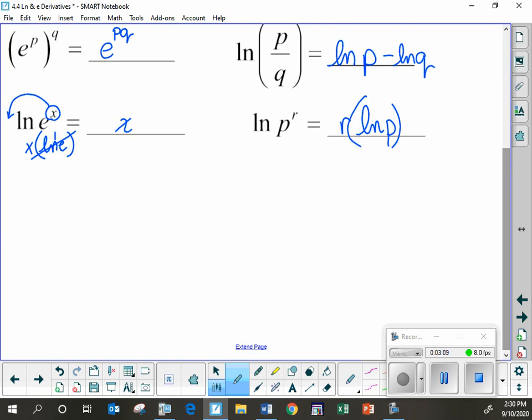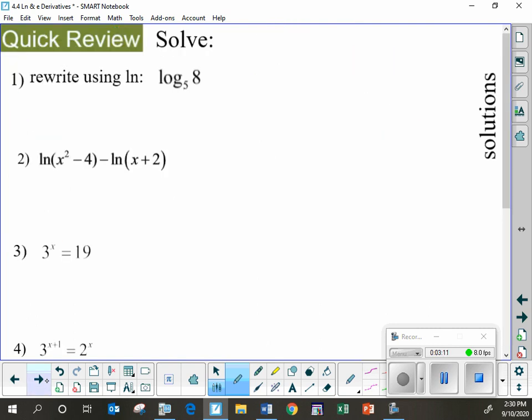All right, next page. Rewrite using ln, and we have log base 5 of 8. There's a change of base formula that I can use. I can say it's the natural log of 8 over the natural log of 5.